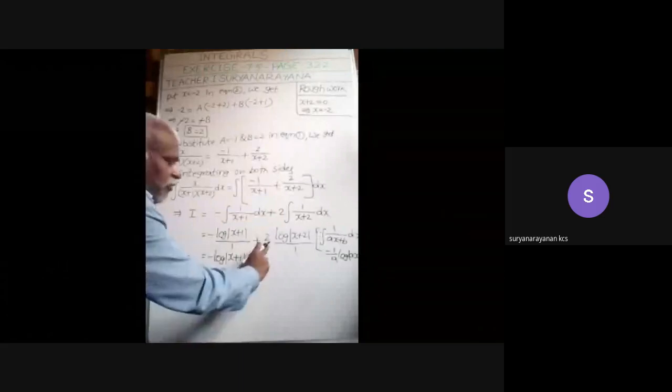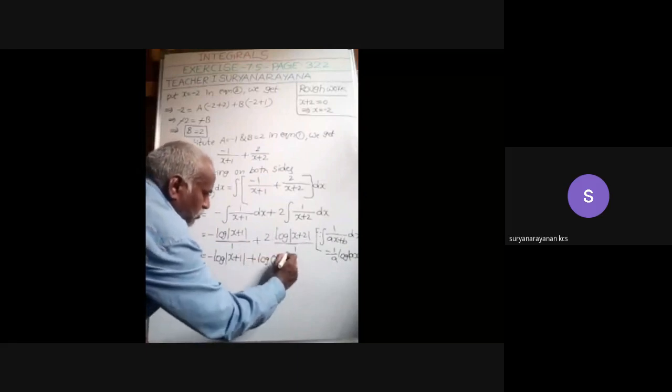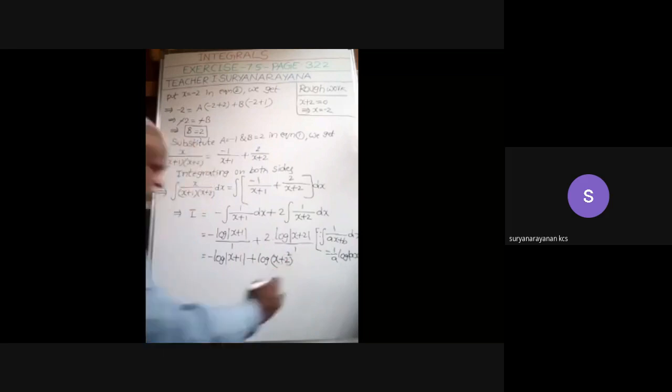Right. This is equal to minus log mod x plus 1. Integration part is over. We are simplifying the answer. Now it is in the form of m log a. This can be written as log mod x plus 2 whole square. Isn't it, my dear children?